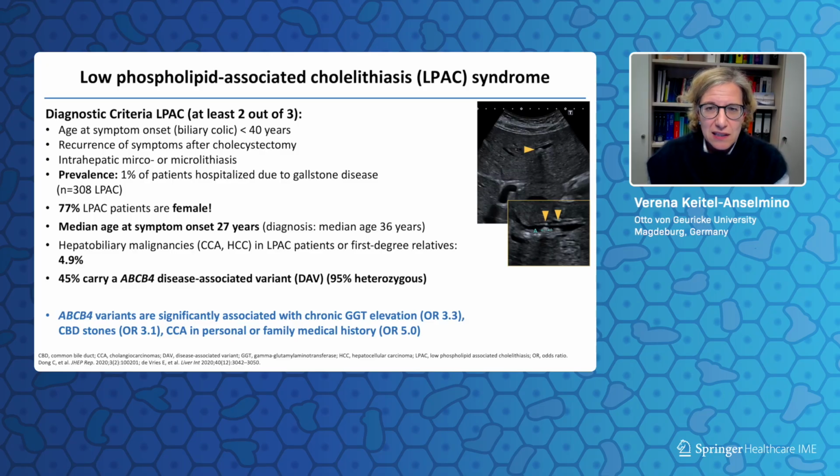And so these patients with the variants in ABCB4, they have elevated gamma GT, they have common bile duct stones, and they may have a risk of cholangiocarcinoma. This is retrospective data, but we still would suggest that you follow these patients to detect this early. And there was actually a poster on a preclinical study, which I found very interesting at EASL.